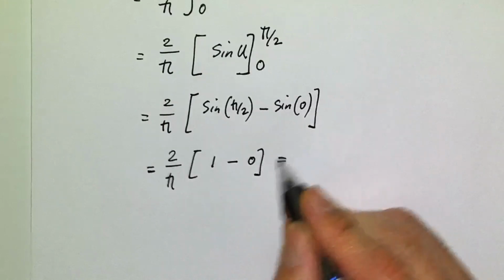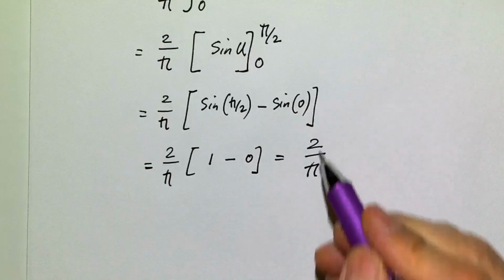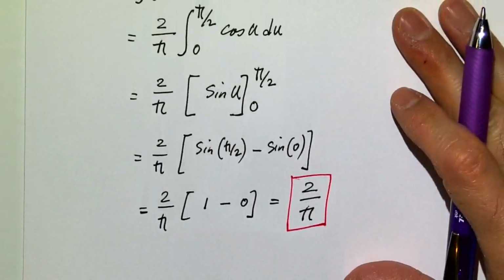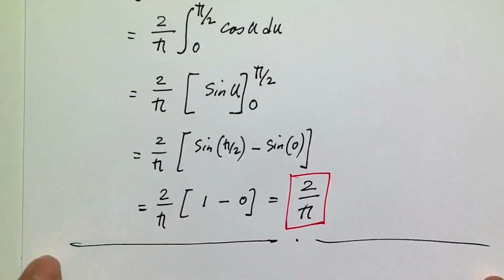So we simply get the 2 over pi back. 2 over pi. I'm sure by now you can see how useful this technique, substitution rule, is. So let's do another example of this kind with definite integrals.